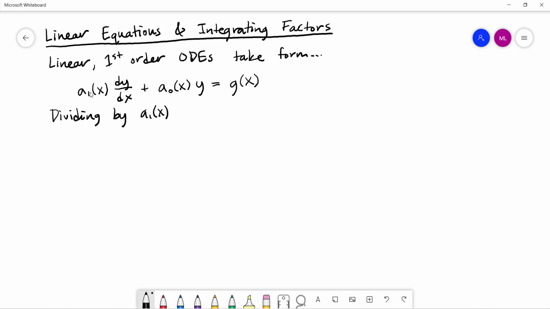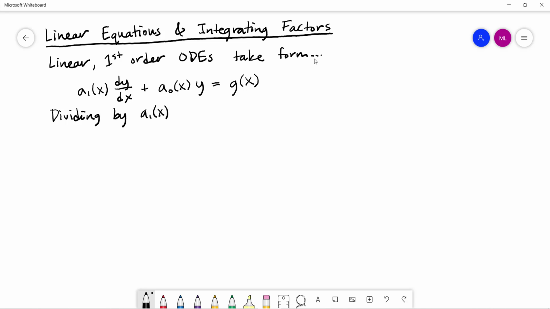But if this coefficient is 0, that makes this whole thing not a differential equation anyways, because this term is gone. So you need to worry about it being 0 because we're dividing by it, but at the same time you don't need to worry about it, because if it was 0, we wouldn't have a differential equation, and in that one particular case, we could solve it as a simple algebraic equation.